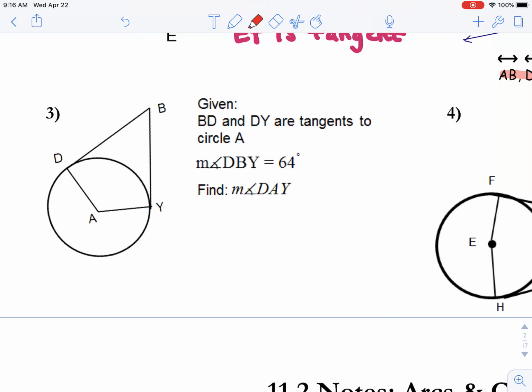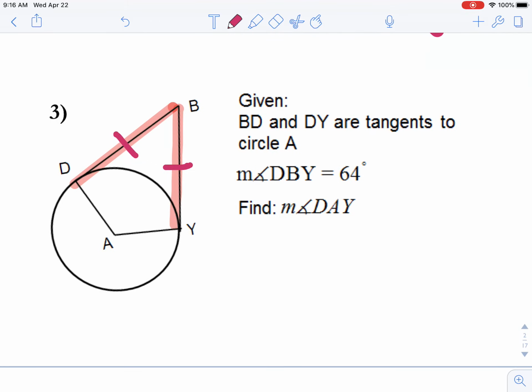Given BD and BY are tangents, okay, so we know BD, BY are tangents to circle A. We can go ahead and say that those are congruent. We know that DBY is 64 degrees.